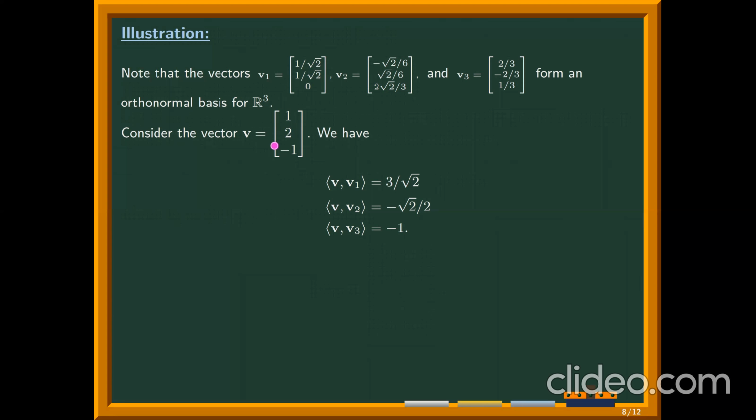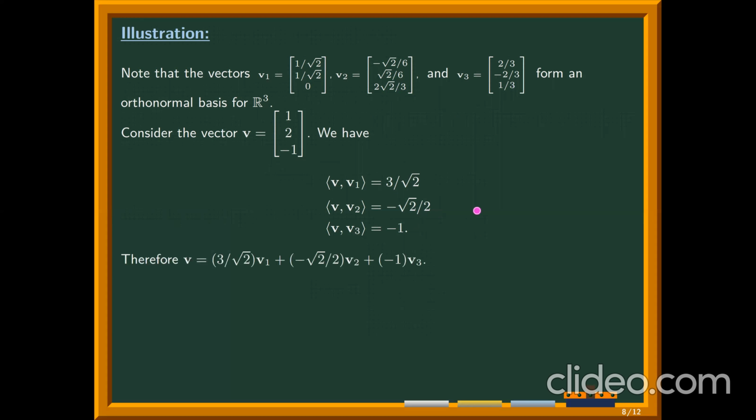The inner product of v with v2, this is still with respect to the dot product, is negative square root of 2 over 6 plus 2 square root of 2 over 6 minus 2 square root of 2 over 3. You can check that it's equal to negative square root of 2 over 2. And finally, the dot product of v with v3 is negative 1.